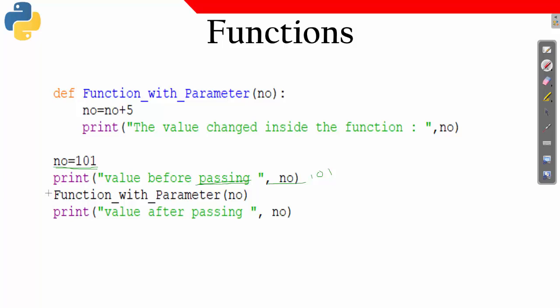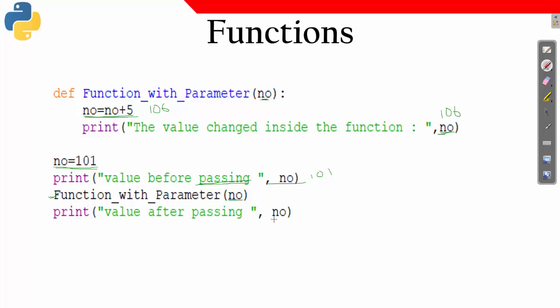And now the function is called with the value passed onto it. When I pass the value, it will receive the value here, and this value is now incremented by 5. So after calculation it will become 106, and it will print 106.